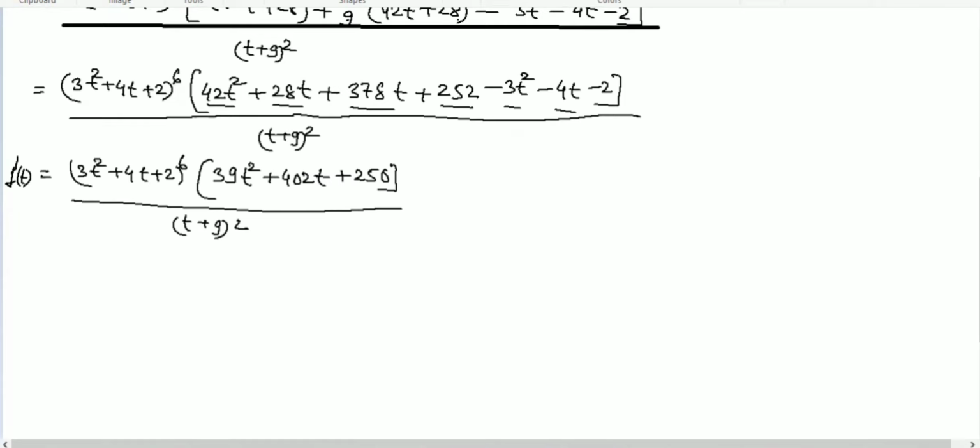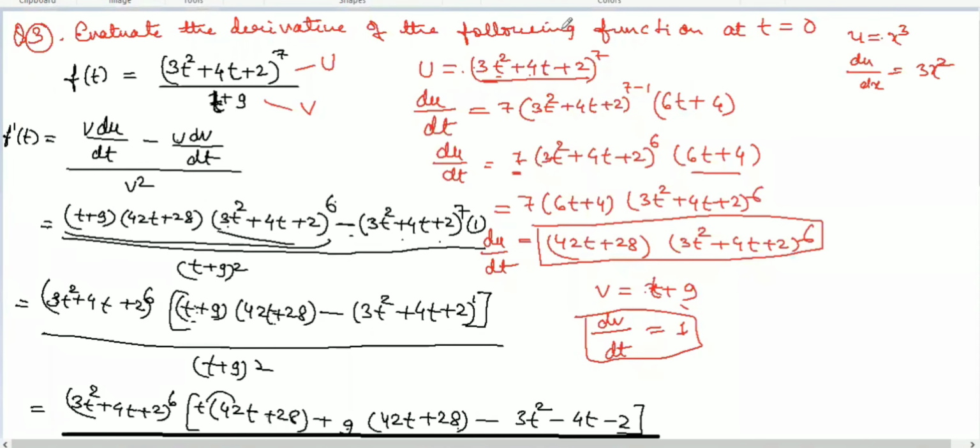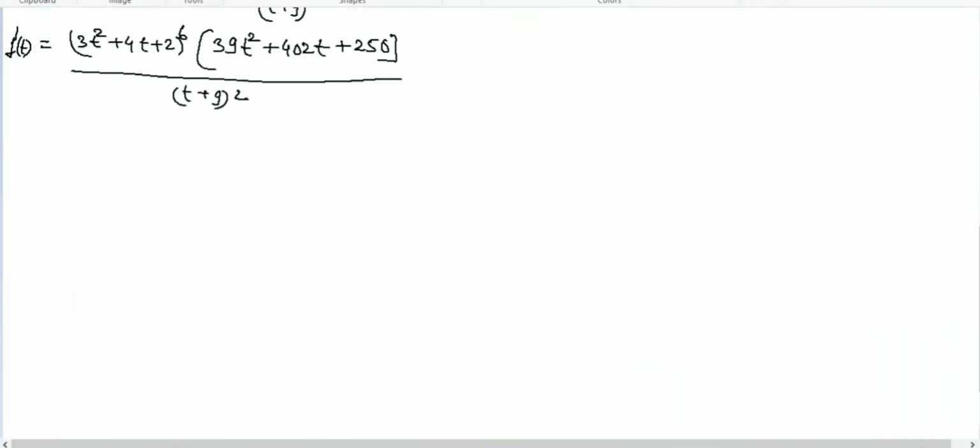If you remember the question, the question is to evaluate the derivative of the following function at t equal to 0. Now we have to sub in t equal to 0 in the differentiated function. So f prime of, in place of t will be 0.